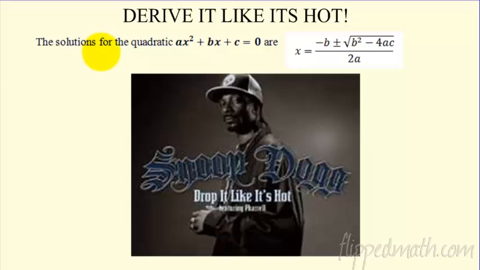This is deriving a formula. We're going to take a formula and derive it by completing the square. So I'm going to derive it like it's hot. I'm going to do it really fast. You don't have to take notes on this. I just wanted you to see it to make sure that it is legit. This is a real formula that comes from just manipulating the generic standard form of a quadratic here. So enjoy this.